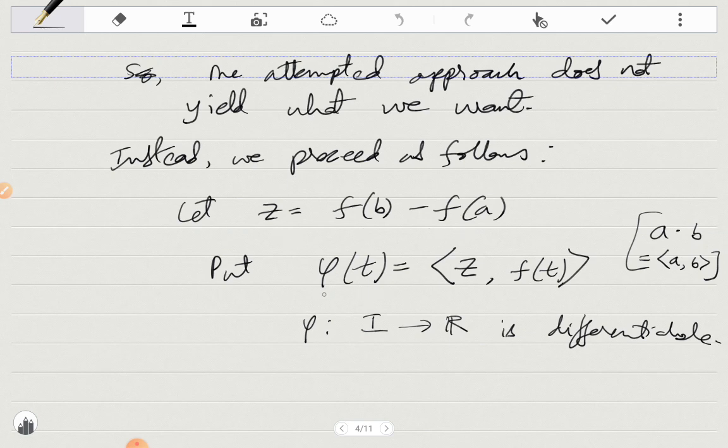Now here is the part which is not obvious. You define a new one variable function by phi of t is the inner product of z with f of t. I'm using the bracket notation for inner product instead of dot. So this is the same as the dot product. Instead of a dot b, I'm writing it as a inner product b.